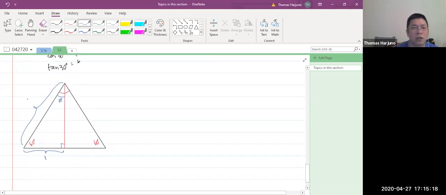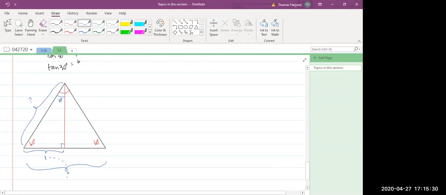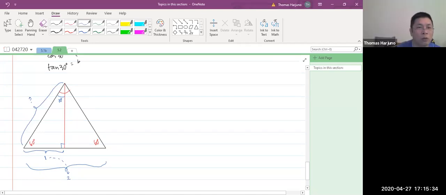Now notice the length here must be the same as the length here, right? Because again, it is an equilateral triangle. If this is 1, then this guy is 2, and therefore this guy will be 2 as well. Now let's focus on this right triangle here.